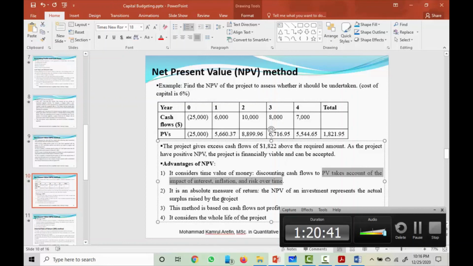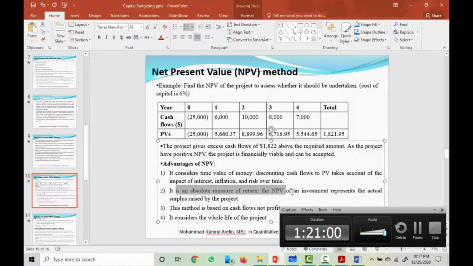Based on all those things, you figure out what your required return from the investment should be. And then from NPV you can easily find out whether the project is fulfilling your required rate of return or not.